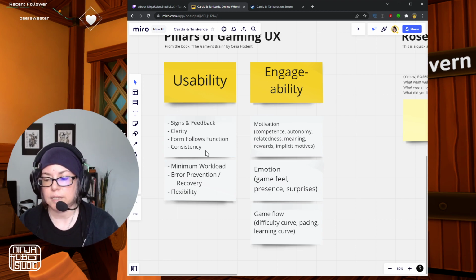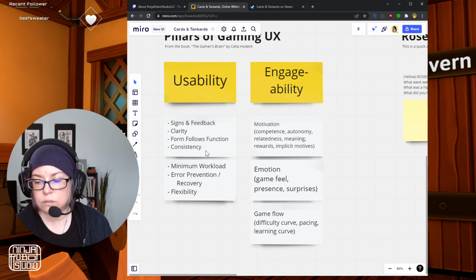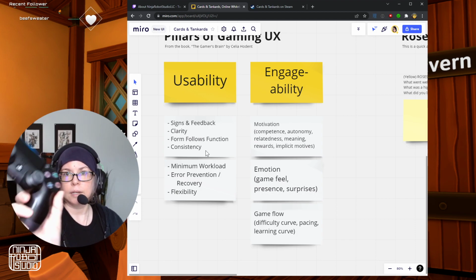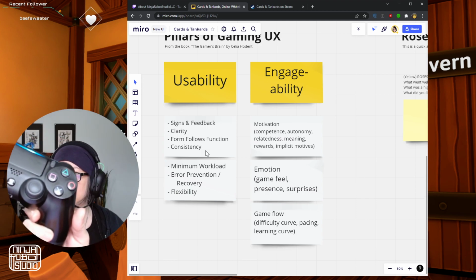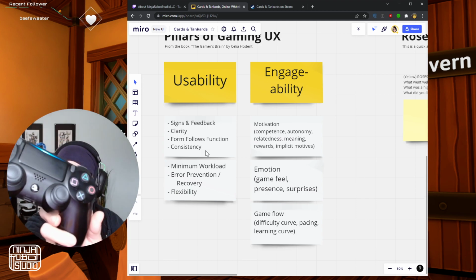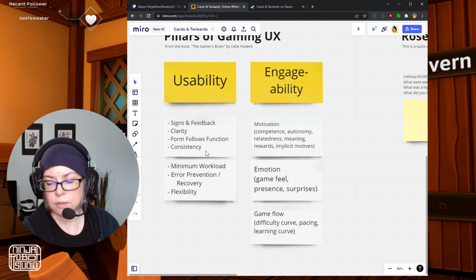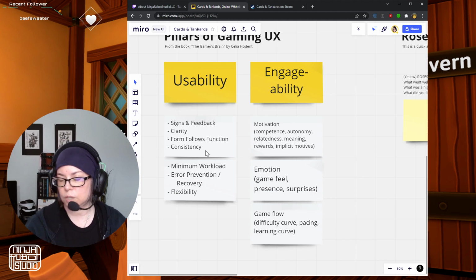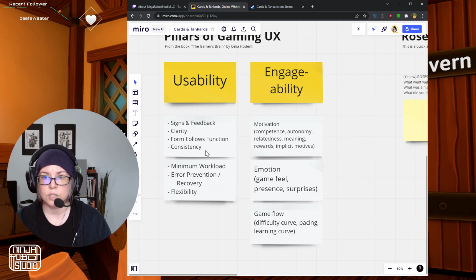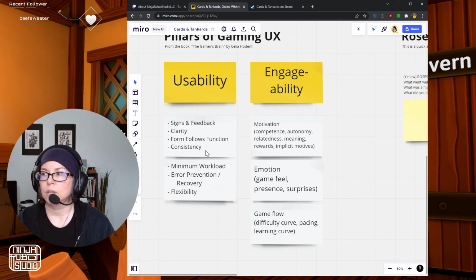For example, the PlayStation has an O and an X. In America, the O or the circle is to go back, but in Japan, the X is to go back on most of the games that I've played so far, at least between the two regions. So you want to make sure that you're following the mental conventions of your region as well if you're creating a global game, for example.